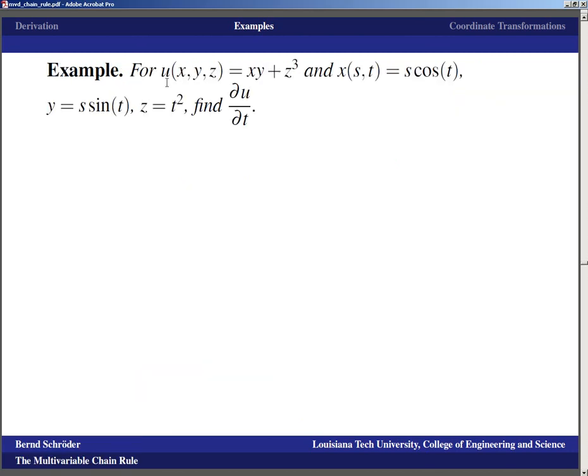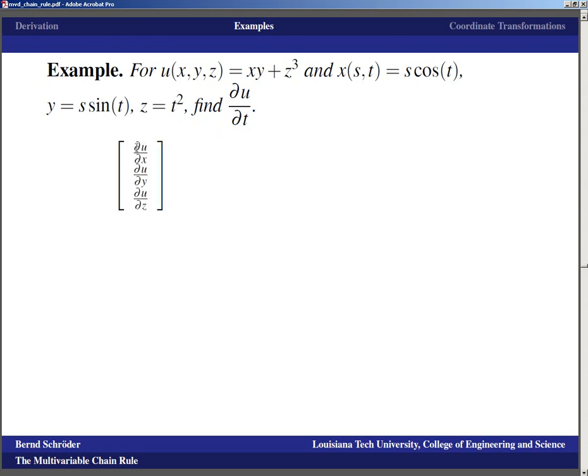So an example. Take u of x, y, z being xy plus z cubed, and let x of s and t be s cosine t, let y be s sine t, and you can see already I want to drop the arguments, and let z be t squared, and we want to find the partial of u with respect to t.